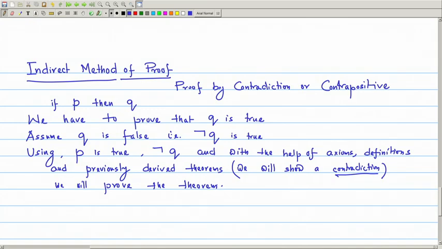The difference from the direct method is that in the direct method, we directly take the hypothesis to be true, and from there, with the definitions or previously derived theorems, like in the previous example where we took the definitions of odd and even numbers. In addition, here in proof by contradiction, we assume that our conclusion is false, and from there we derive that thing. So, we take one example.